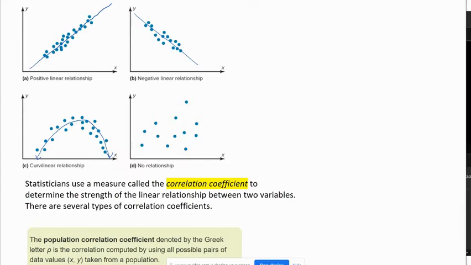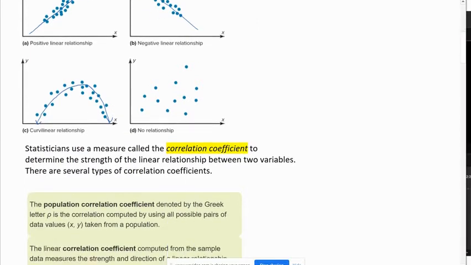In today's lesson, we're going to focus just on the linear relationships. And then graph D, as you can see, it doesn't appear that there's any kind of a relationship. It's hard to see that there's any type of curve or line that does a good job of representing the data. That would mean there's no recognizable relationship.